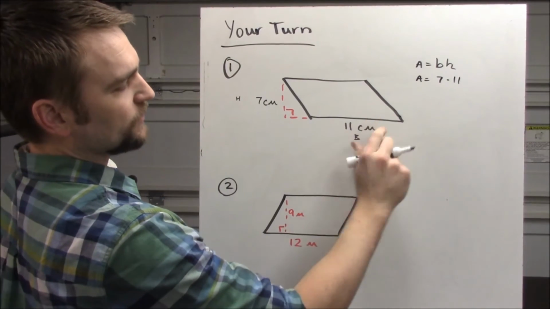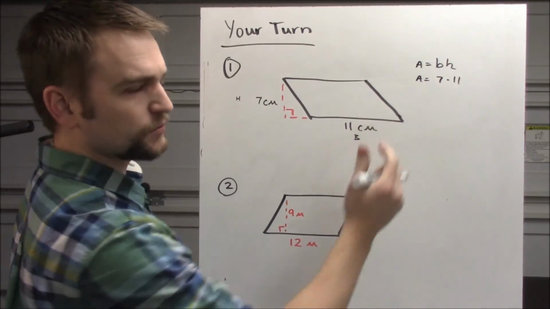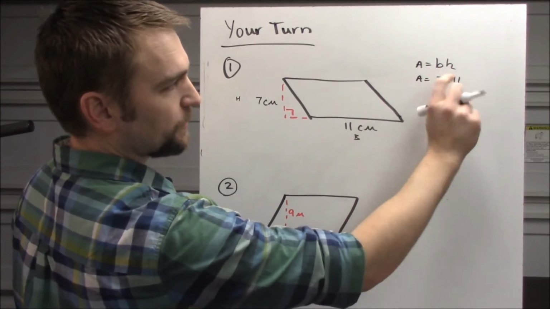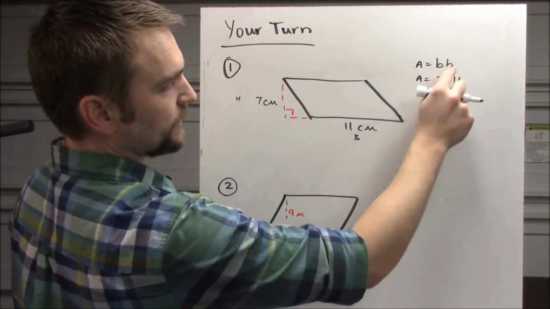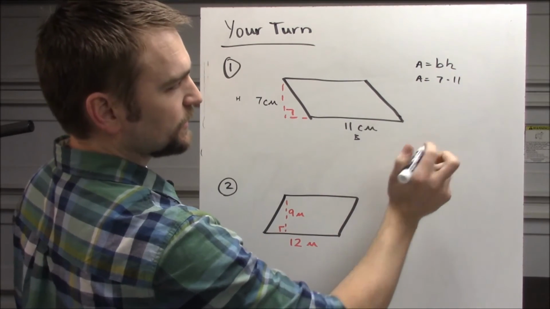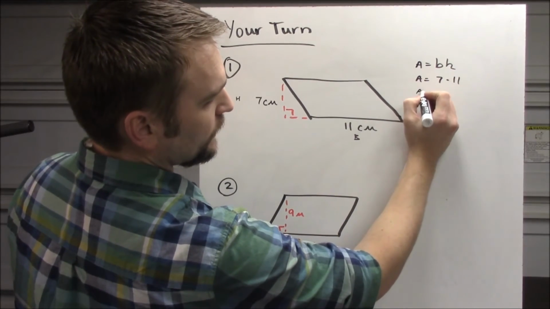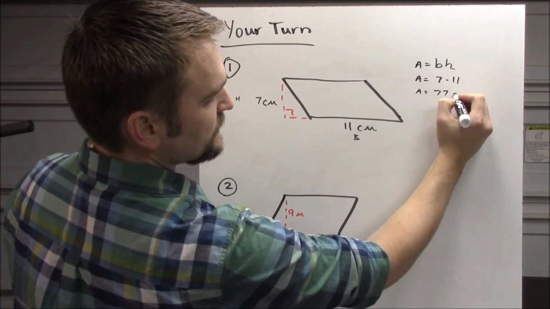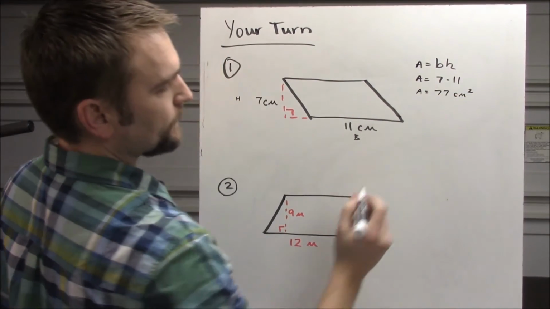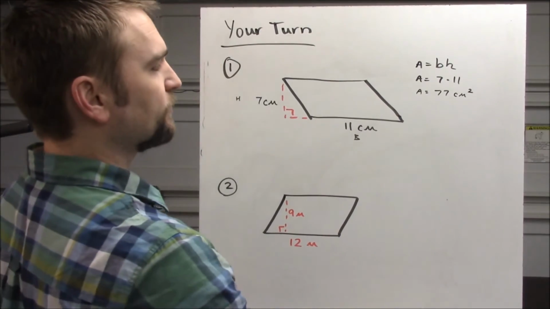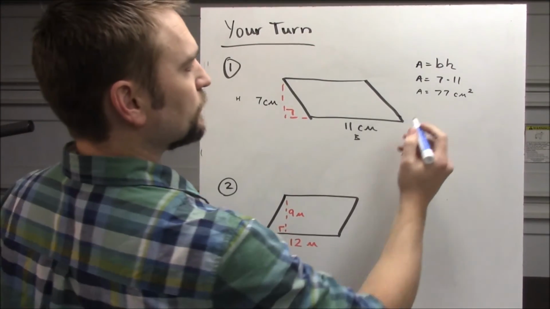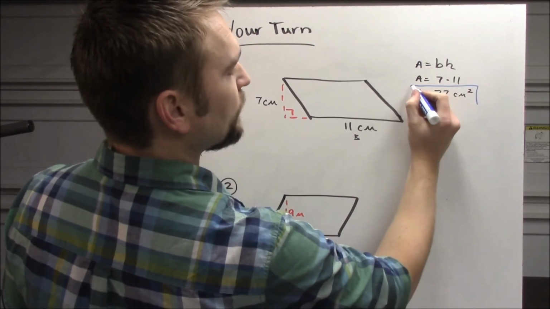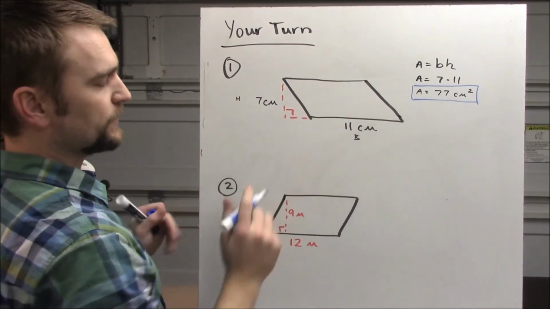And again, because we're dealing with multiplication, I can flip them around. However you want to plug them in, height times base, base times height. Area equals 77 centimeters squared. So that would be our final answer for the area of this parallelogram.